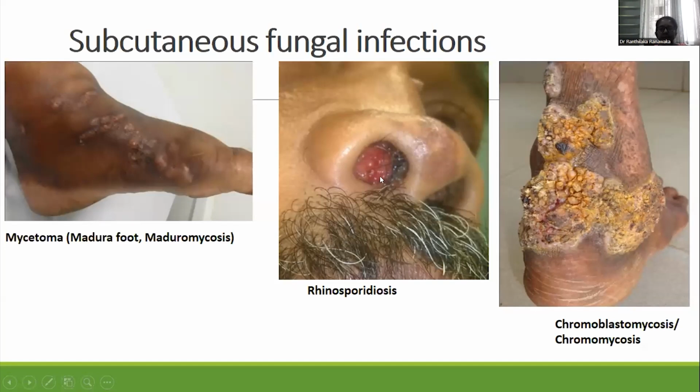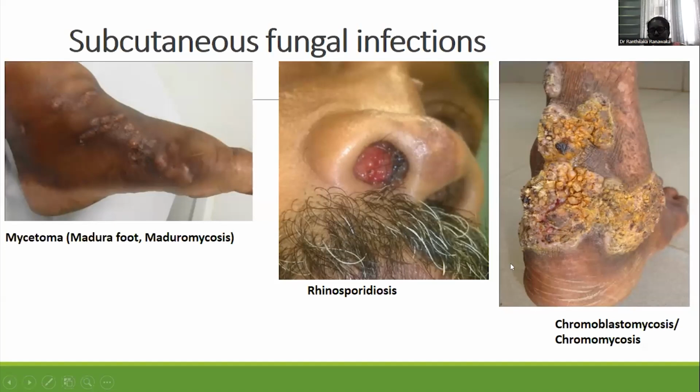Rhinosporidiosis, you can see this erythematous nodule on the nose, it can occur on the skin also. If it is inside the nose, on the nasal mucosa, they are referred to ENT surgeons, but again, no cure. It recurs again and again.